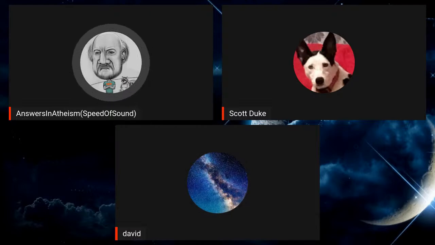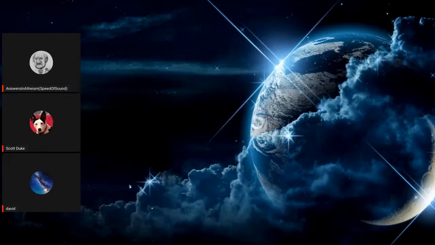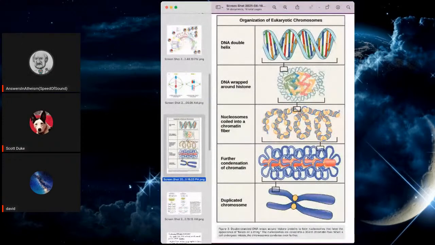Anyway, so let's see. I have a picture of some DNA, I believe. Screenshot, let's see, screenshot 2106. No, that's not the one. This one. So, I don't know where to start. I think we could start here. Can you see that at all? Yep. Is it fairly visible on the screen?